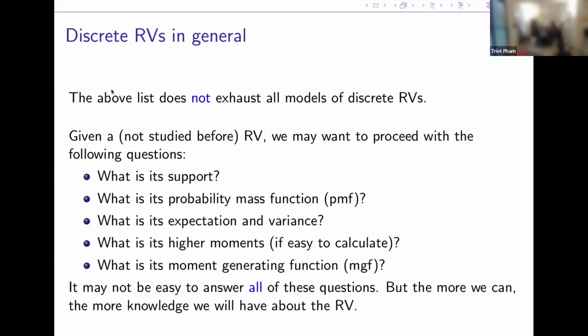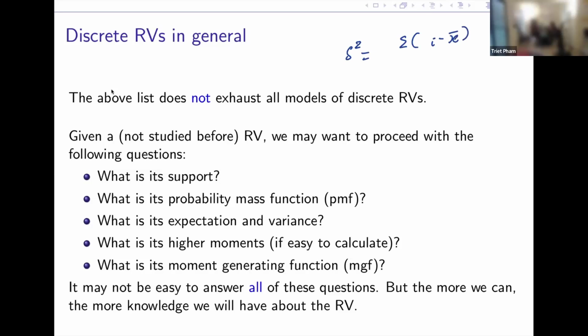But you are very likely to encounter something you haven't studied before. After this class, there's Math 481 at Rutgers, where, for example, you can look at the sample variance.